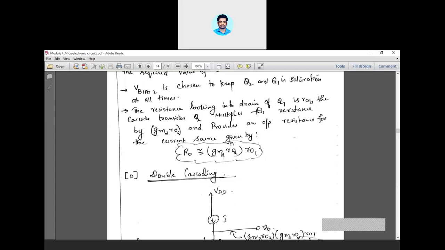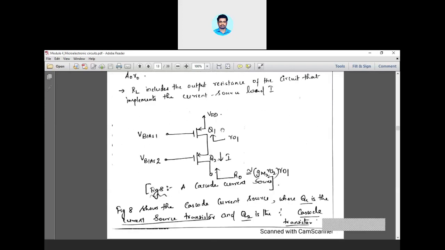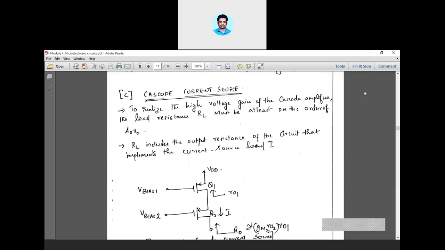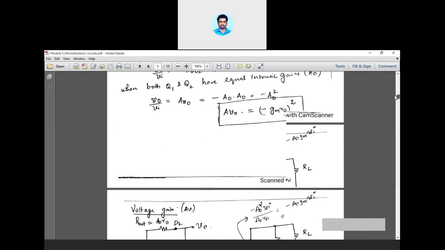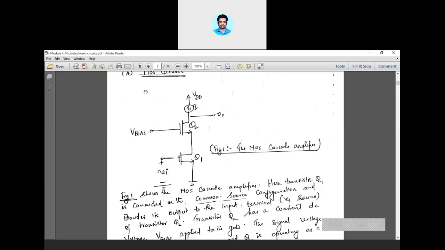So while designing a cascode amplifier, you require a current source. That current source is what is shown here. Understood? So let me take the first circuit diagram you have studied in this module. See, this is the actual circuit diagram of a cascode amplifier. Here you have used capital I. This I can be generated by the circuit diagram I have shown now. Understood the relation? This is the amplifier circuit, but it will operate with the help of the bias current source.